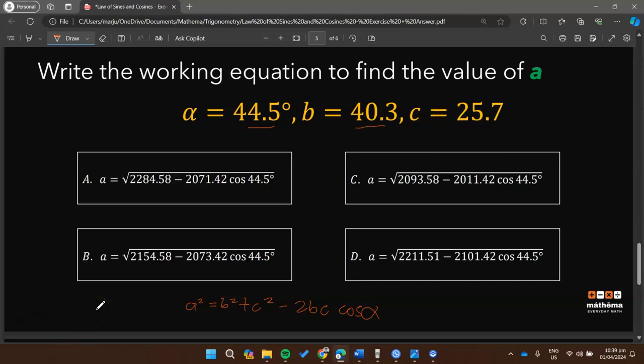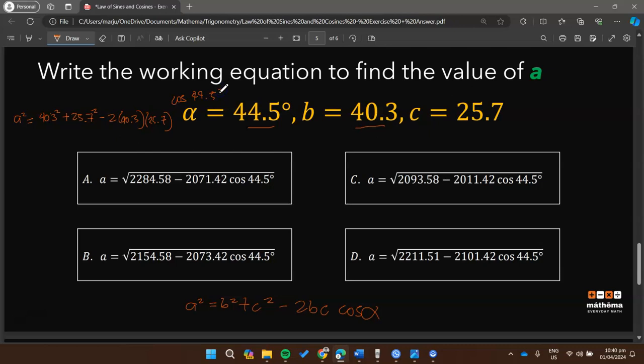So our working equation should be, let me just write it here, A squared is equal to B squared plus C squared, that is 40.3 squared plus 25.7 squared, minus 2 multiplied by B times C. Our B again is 40.3, and our C is 25.7, and multiply it by the cosine of the angle 44.5 degrees.